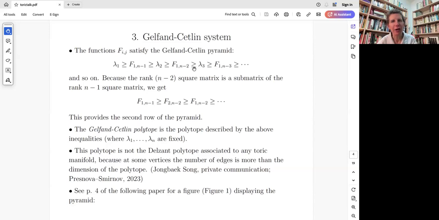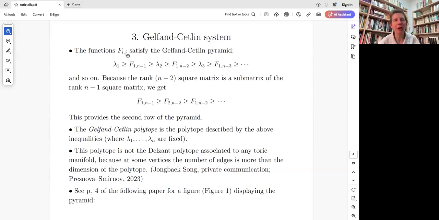Because the n minus 2 square matrix is a submatrix of the n minus 1 square matrix, we replace this system. So the lambda 1 up to lambda n get replaced by f1 n minus 1 and f1 n minus 2 up to f1 1. Those become the replacements for lambda 1 up to lambda n.